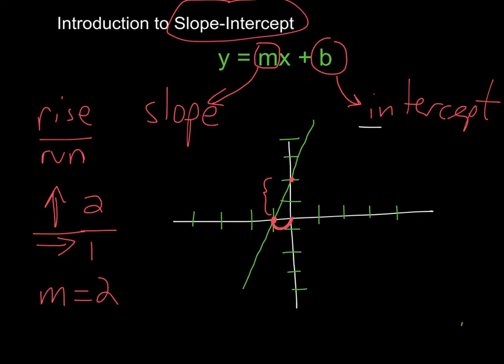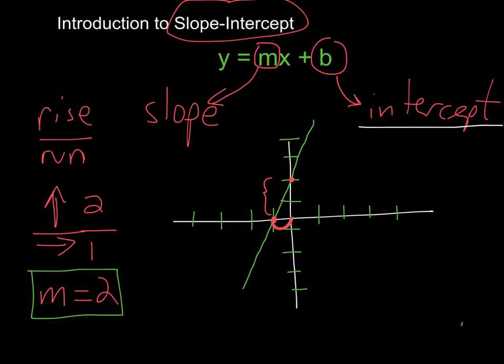What the intercept tells you is how high up and down on the y-axis the line crosses. So M, the slope, tells you how steep it is, and B, the y-intercept, tells you where it crosses the y-axis.